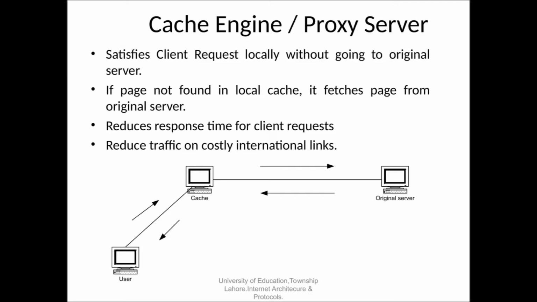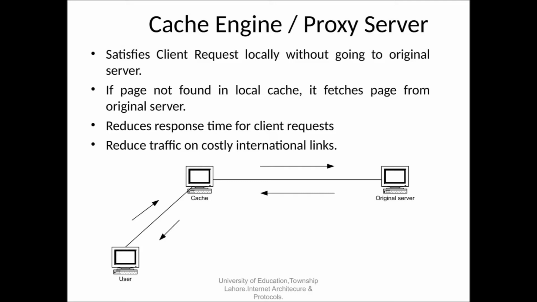Again, if the request can be fulfilled locally, it is not forwarded to the next server, and likewise time and cost are saved, because if the request has to be forwarded from one system to the next and ultimately to the last system, then links, devices and international links must be used, and we have to pay accordingly. So a proxy server or cache engine is used to save time as well as cost.